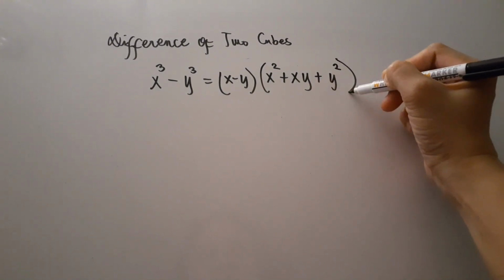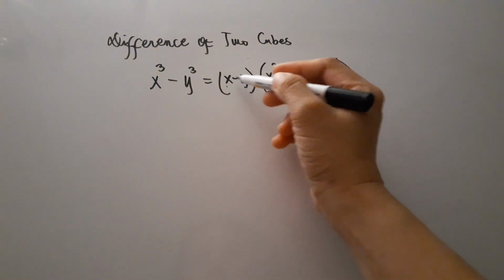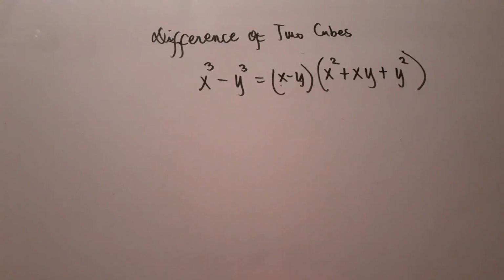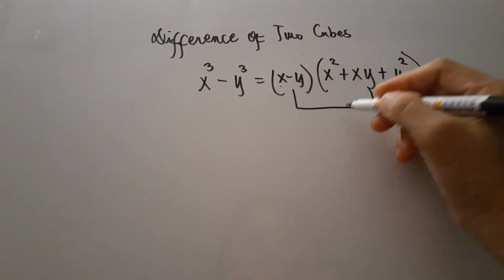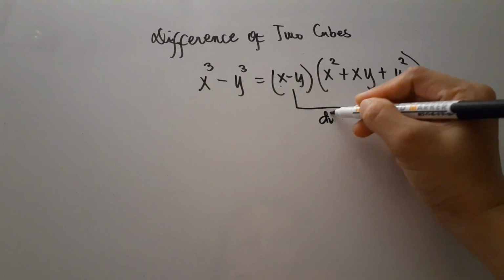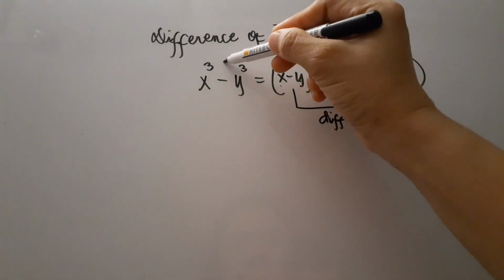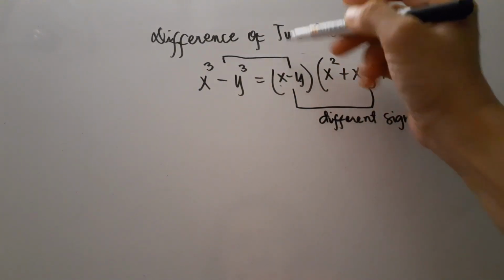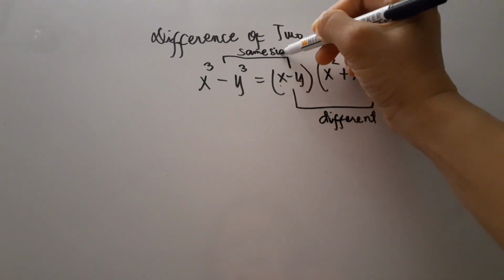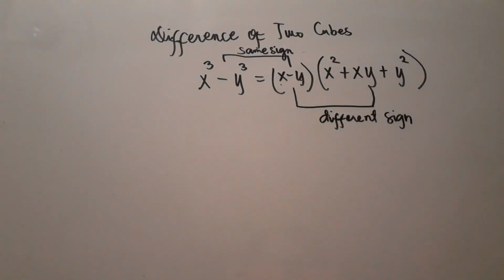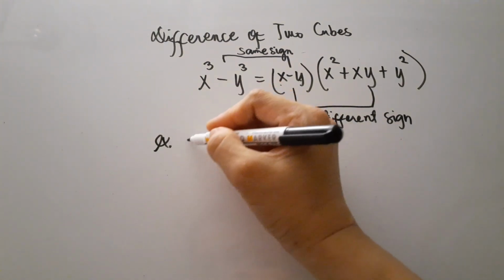In this formula, x cubed minus y cubed is equal to x minus y times the quantity x squared plus xy plus y squared, where in the trinomial the coefficient signs are positive, and only the first binomial, x minus y, has the negative sign.